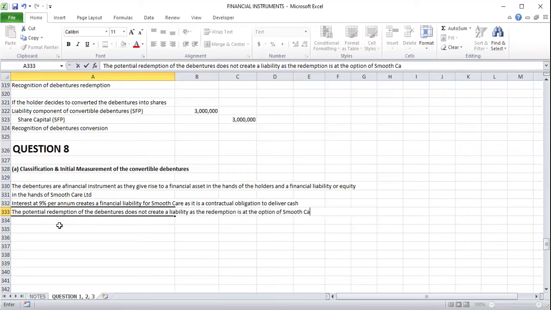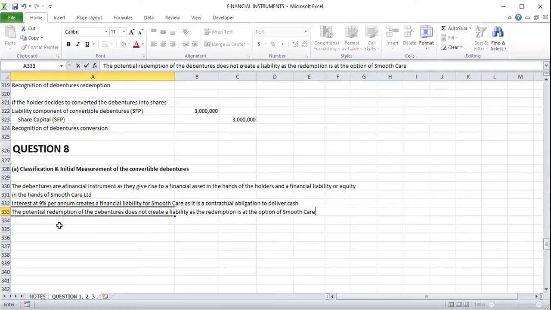But if we're doing the previous question, remember that the option was in the hands of the holders. So we're going to say that the potential redemption was going to create a what? A liability.